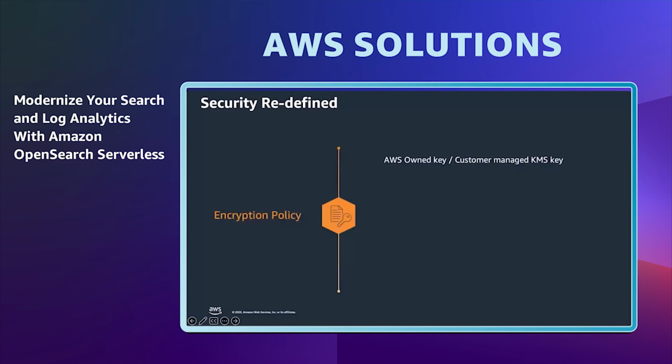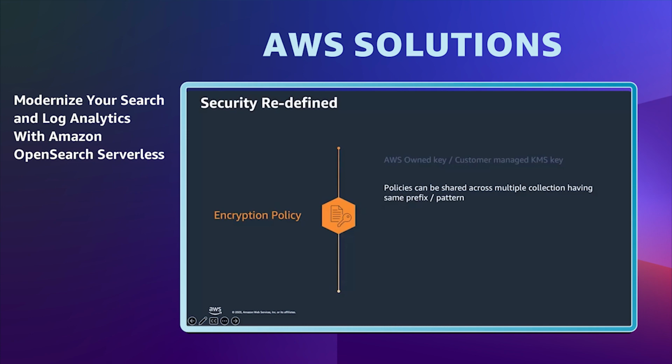So you can actually send this data to even different collections by using the same KMS key, and then all the OCUs within those collections would be shared. Once you define those keys with a pattern, you don't really have to worry about creating multiple keys for similar kinds of collections.